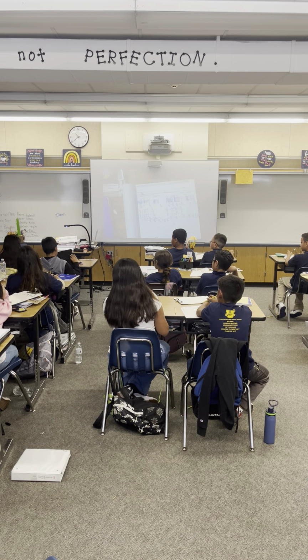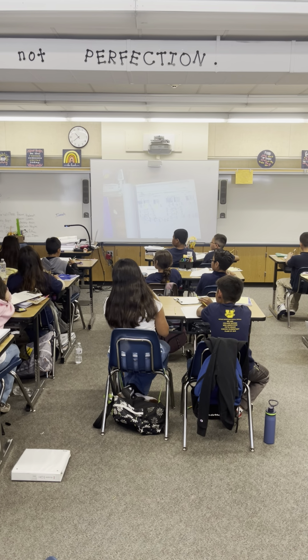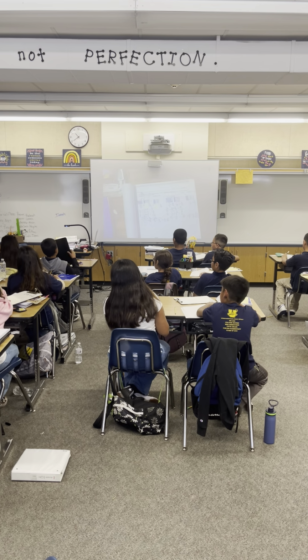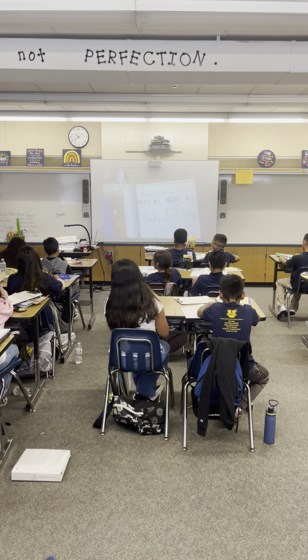And then partner A will go first and you're gonna walk partner B through how you did problem C, right? Then partner B, once your timer's up, you're gonna walk partner A through how you did problem D, okay?